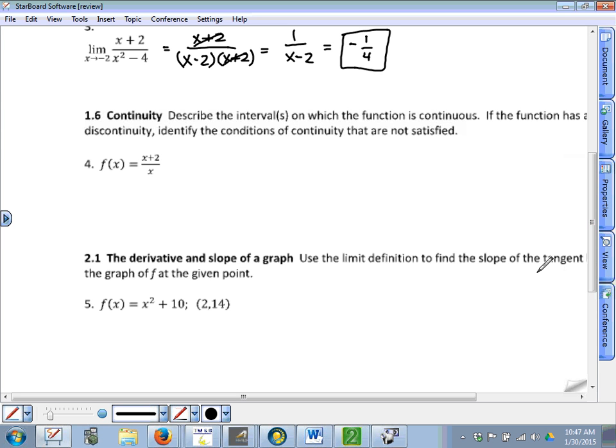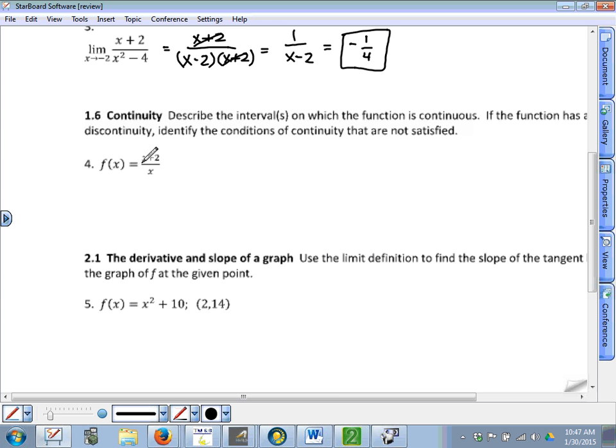So on question 4, describe the intervals in which the function is continuous. A lot of times a function is continuous on the entire real number line from negative infinity to infinity. If there are discontinuities in a function, first you have to find out where those discontinuities are, and then identify the appropriate intervals.